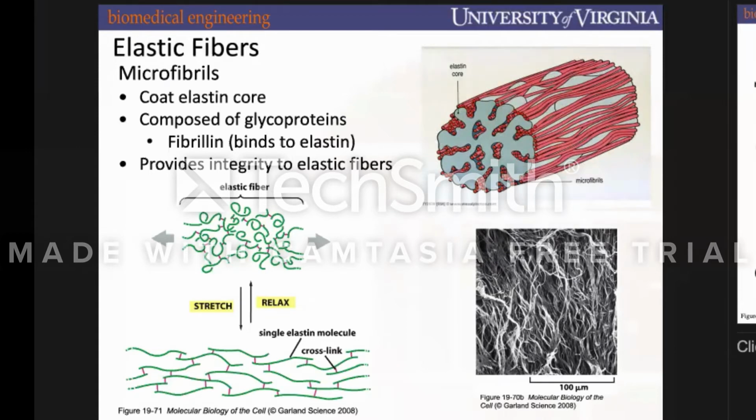Elastic fibers are made up of a core that is elastin, with microfibrils on the outside that are made of fibrillin. In the image at the bottom left here, in the absence of stretch, we have elastic fibers that are cross-linked together and bundled up, because again, elastin is very hydrophobic.